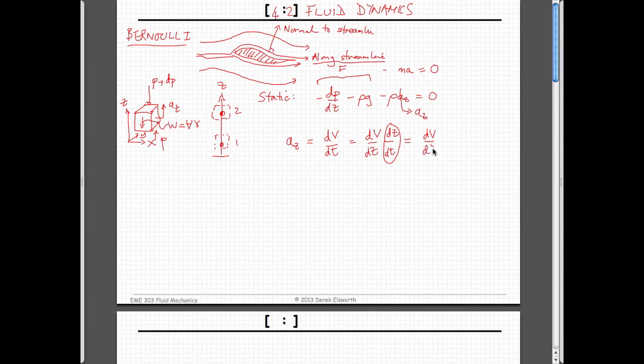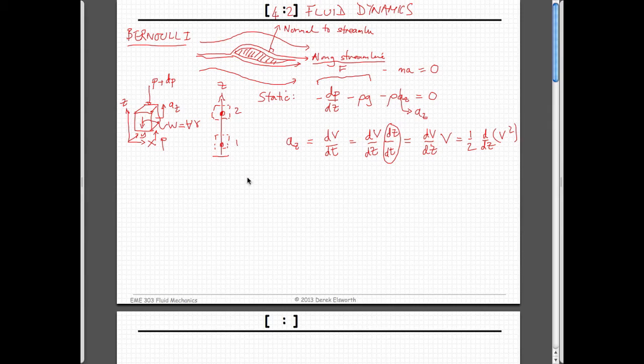Don't confuse my z's and t's. And this, of course, is a velocity. And this we can write, if we wanted to, as a half change with elevation of v squared, right?